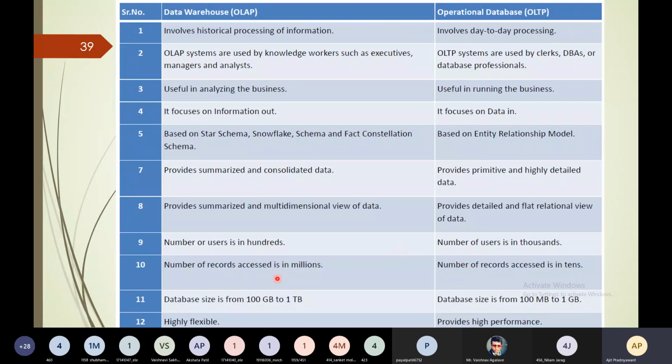The number of records accessed is in millions in OLAP, whereas in OLTP it is in the tens. OLAP data size is from 100 GB to 1 TB. OLTP database size is from 100 MB to 1 GB. OLAP is highly flexible, and OLTP provides high performance. So this is the difference between OLAP and OLTP. Now you can understand what OLAP is and what its purpose is, and what OLTP is and what its purpose is.